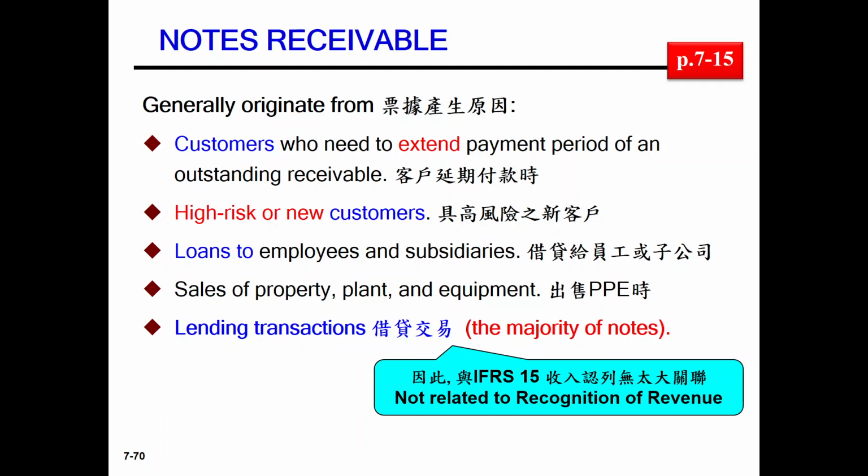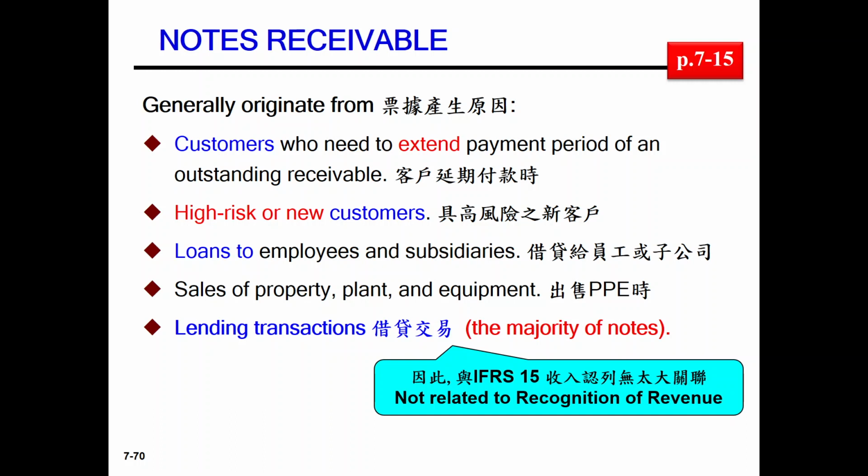Why do we mention that? Because before, we talked about accounts receivable. For accounts receivable, how we record it, you have to consider how we record revenues, right?